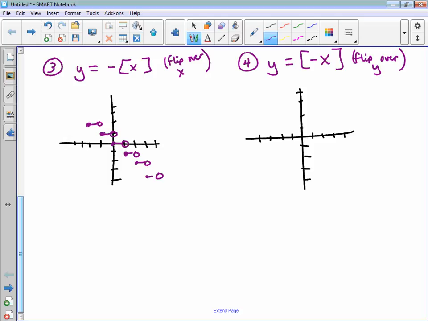Questions on that one? So I think flipping over the x is easier. When I flip over the y, what's going to change? Yeah, so the open part is going to flip, okay? So the point at 0, 0 won't move, but now it's going over there. The open piece has switched.